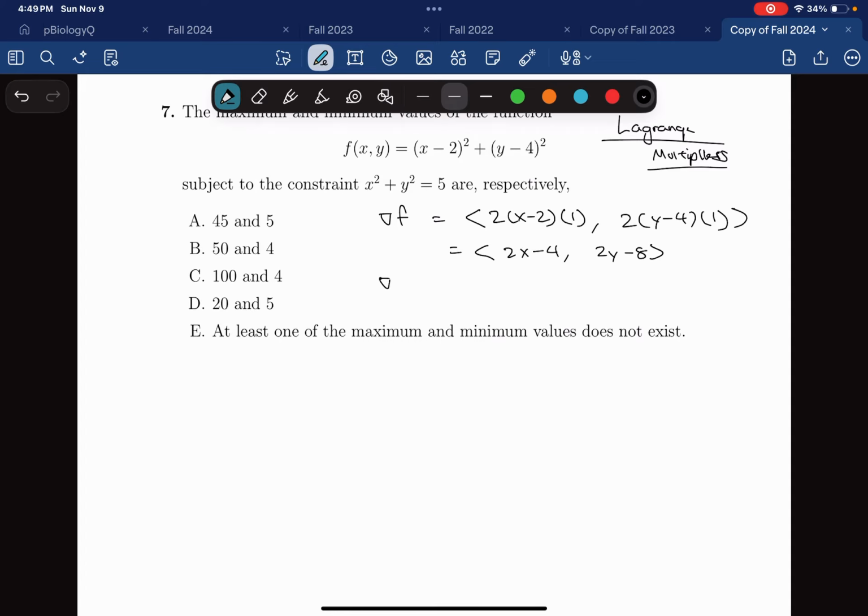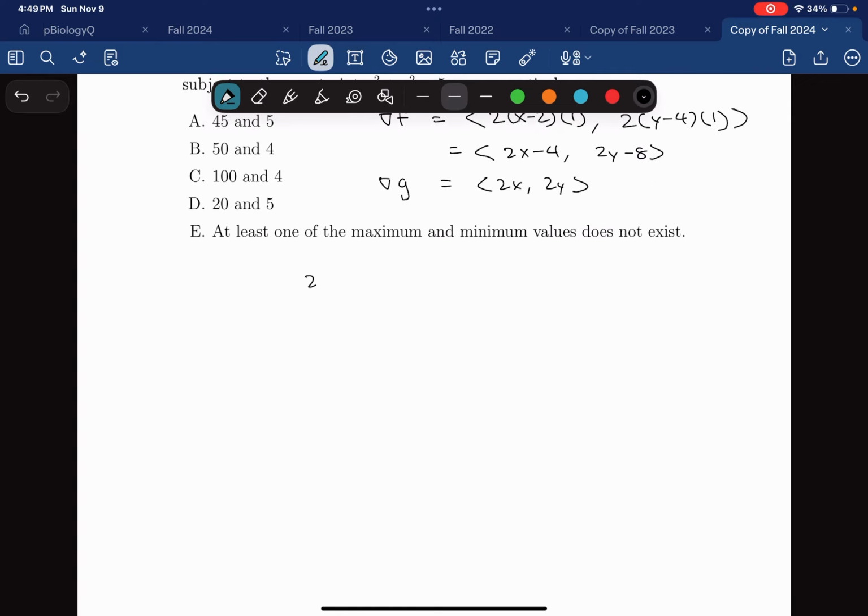Cool. And the gradient of g is just 2x, 2y. Cool. So we know that 2x minus 4 is equal to lambda 2x. Then we know 2y minus 8 is equal to lambda 2y, which is cool.